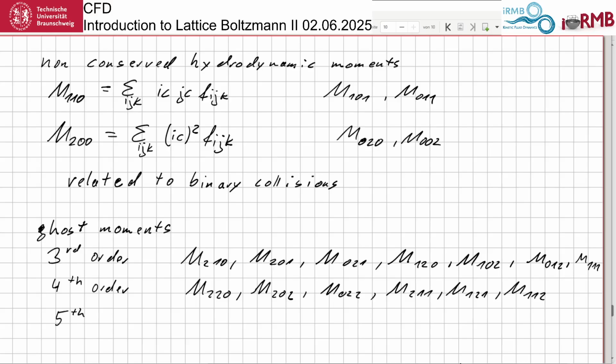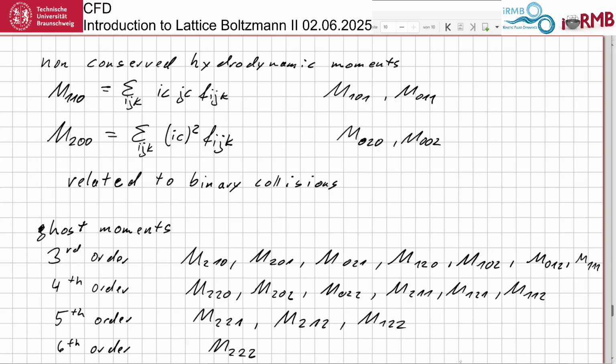Then we have fifth order: M221, M212, and M122, and then we have sixth order, M222.